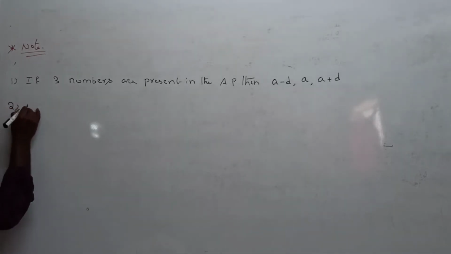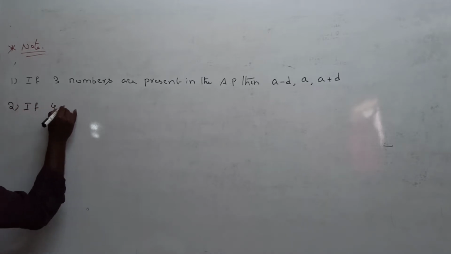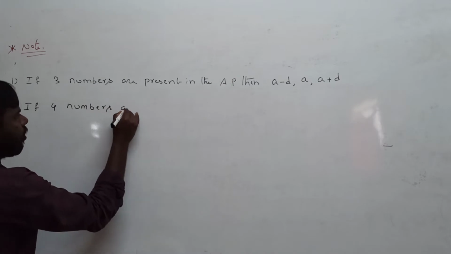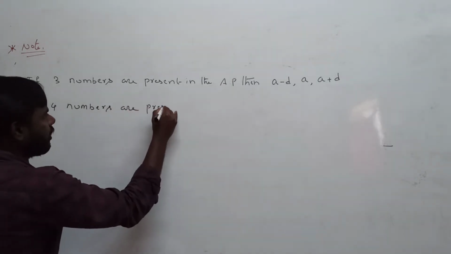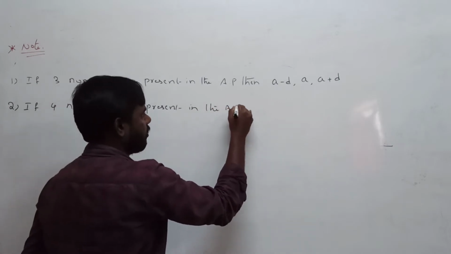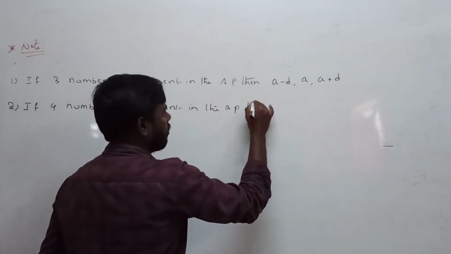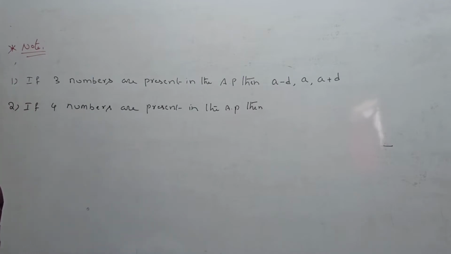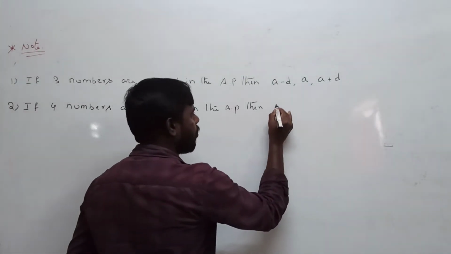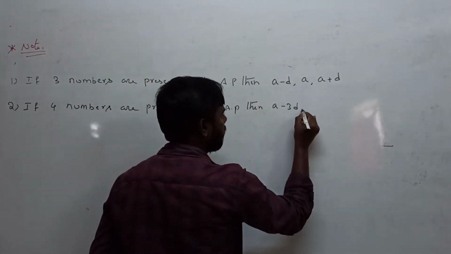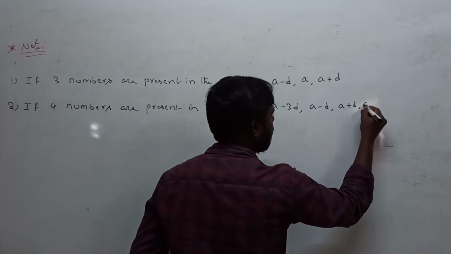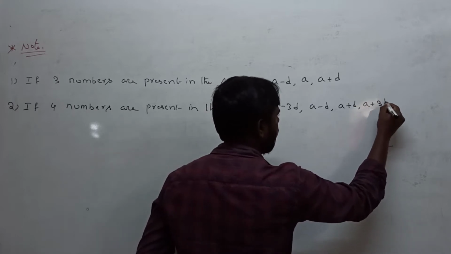Second point is, if four numbers are present in the arithmetic progression, we are assuming the four numbers are a minus 3d, a minus d, a plus d, a plus 3d.